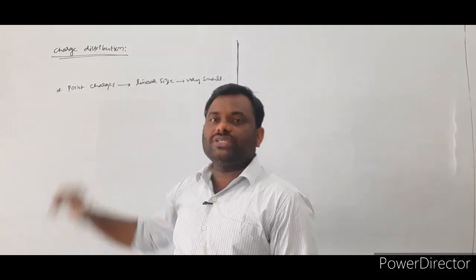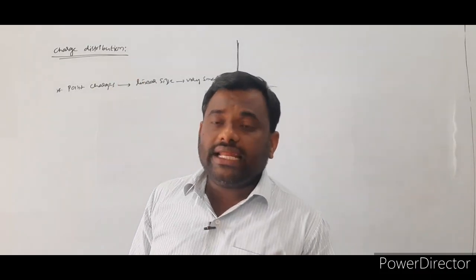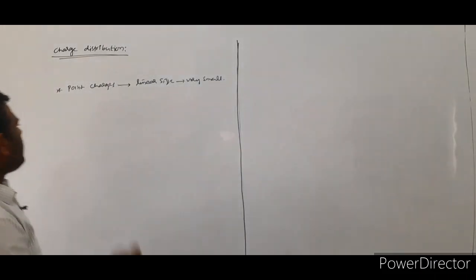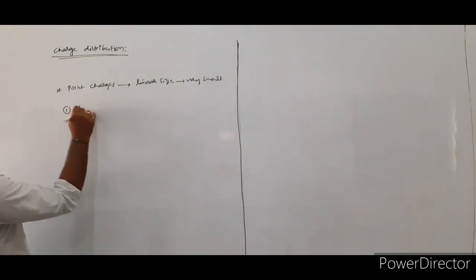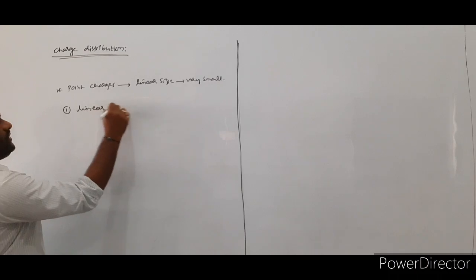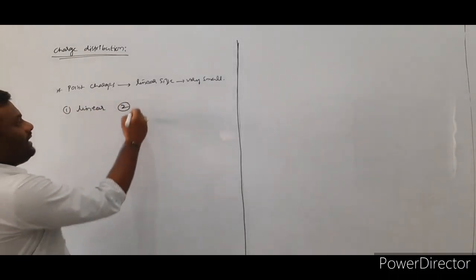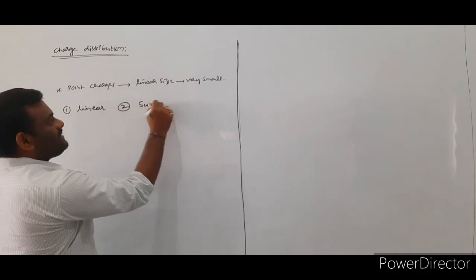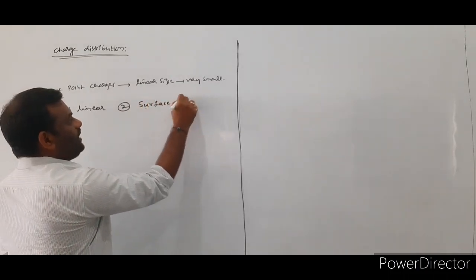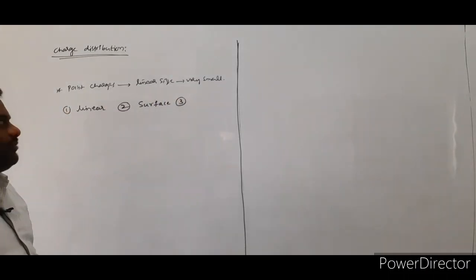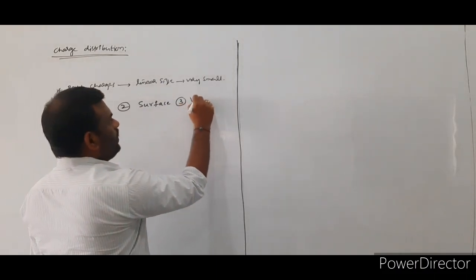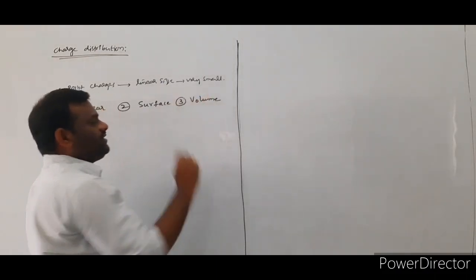The charge distribution is mainly classified into three different categories. The first one is linear charge distribution, the second one is surface charge distribution, and the third one is volume charge distribution.